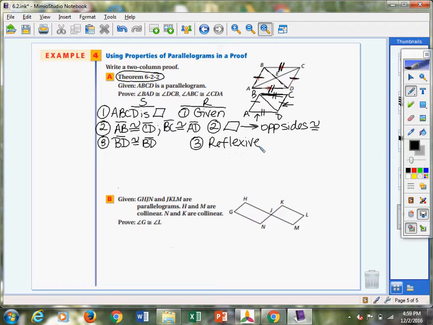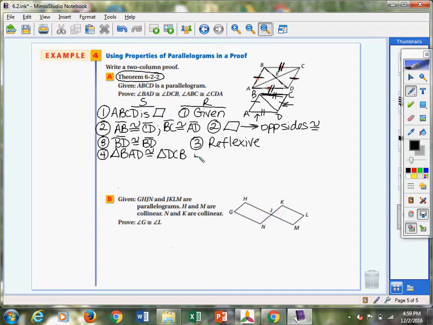You can do that. Now, because you've done that, then you can now say that those 2 triangles are congruent to each other because of a previous strategy. We had 5 that you could do. So the triangle formed by BAD is going to be congruent to DCB.